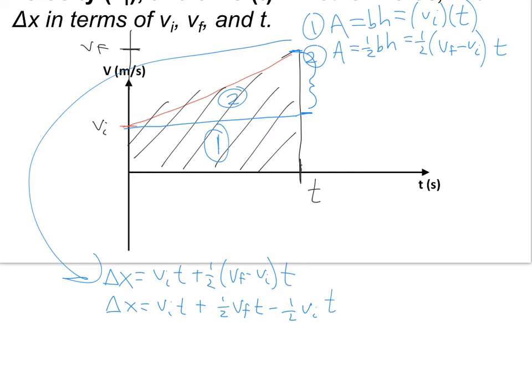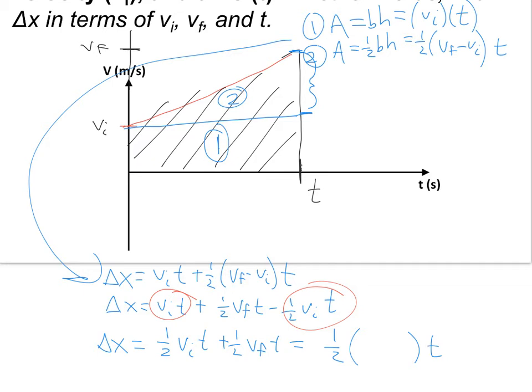I see that I can combine these two terms, so what I'm left with is delta x equals 1/2 VIt plus 1/2 VFt, and I'm going to rearrange this slightly, factoring out the 1/2 and putting the t at the end, and this is really just the style that we're writing this equation in. But I end up getting delta x equals 1/2 (VF plus VI) t. And that right there is going to be our first kinematics equation.